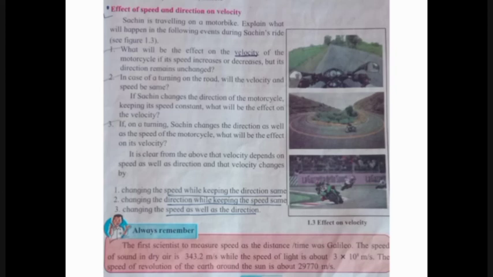When there is change in direction, but not change in the speed, there is also change in the velocity. And when there is change in direction as well as change in the speed, then also there is change in the velocity.